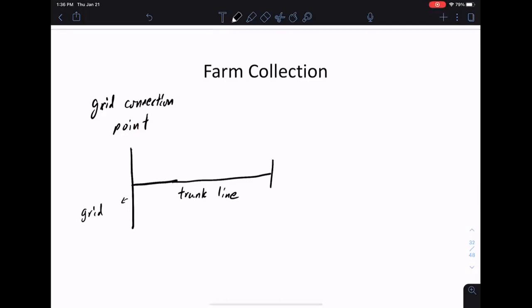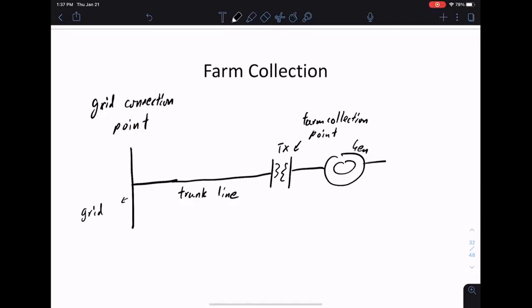Then we have another transformer, and what this transformer does is transform the voltage to the trunk line voltage right after the wind generator. This point is called the farm collection point, because this is where each generator connects.